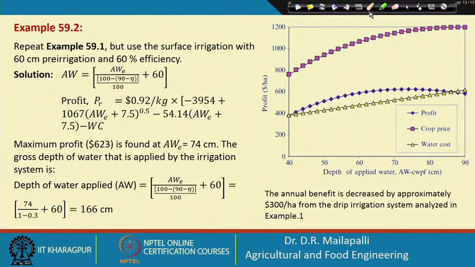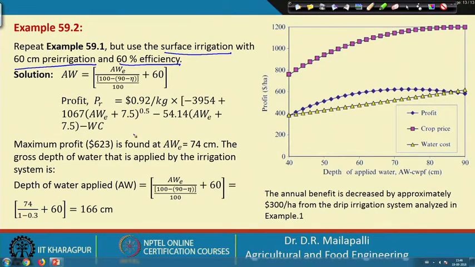And then there is a second example. Repeat the same example, where you had a 90% drip irrigation system, but use the surface irrigation system instead of drip irrigation, and see how profitable it is with 60 centimeter pre-irrigation and 60% efficiency.